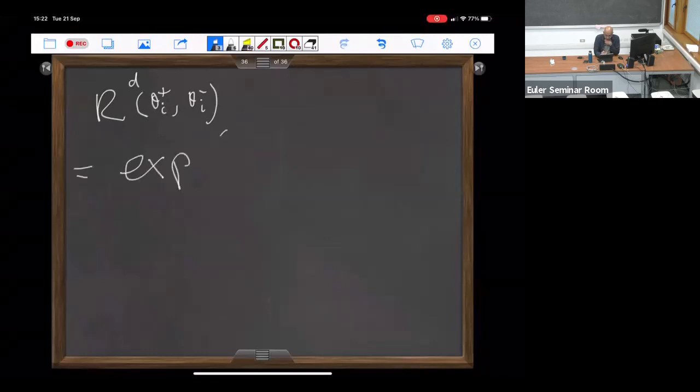And it's the exponential of the sum of theta I plus Si plus theta minus Si minus.